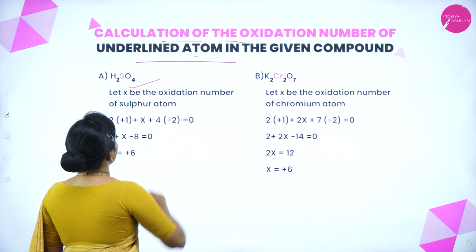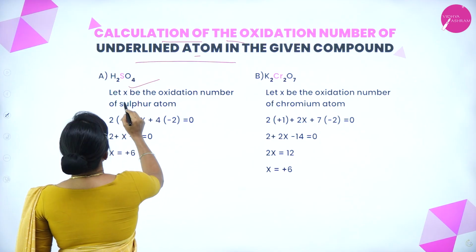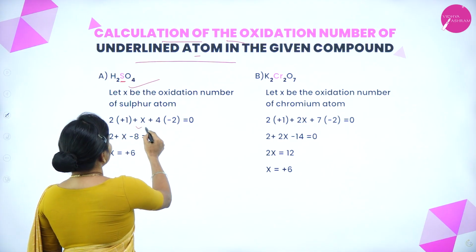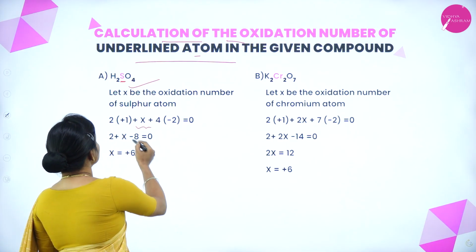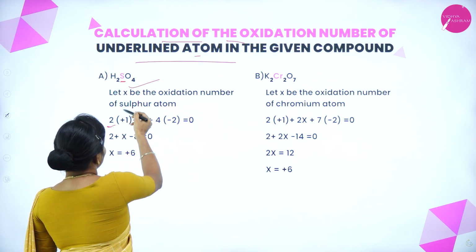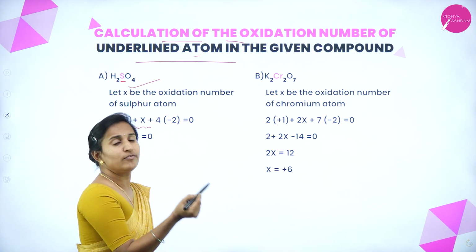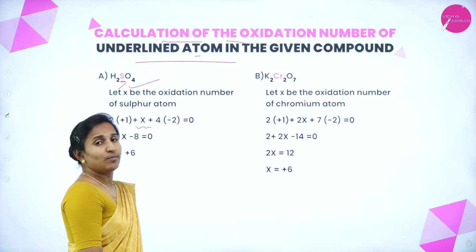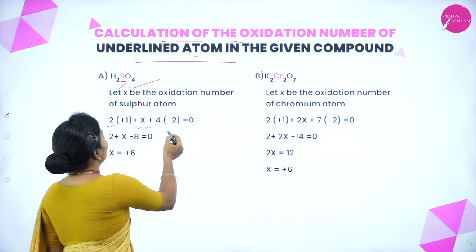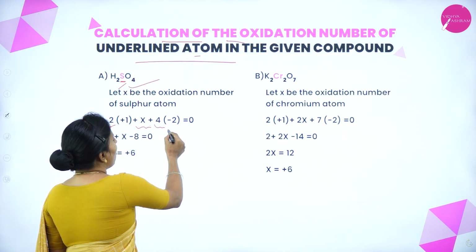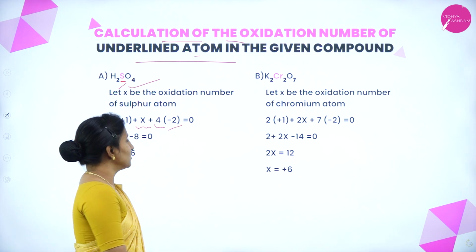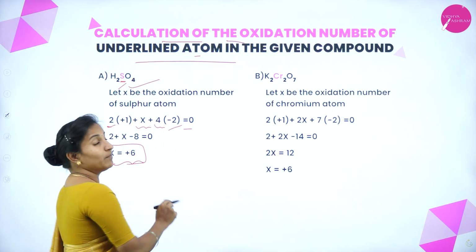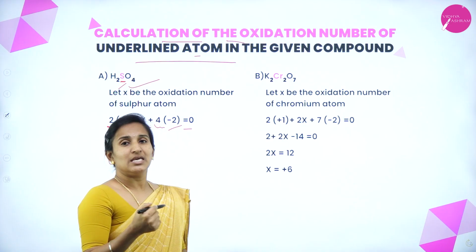For example, sulfuric acid: here we can calculate the oxidation number of sulfur by a simple mathematical equation. 2 hydrogens are present, that is 2 into plus 1, the oxidation number of hydrogen, plus X. Sulfur is considered X because it is an unknown oxidation number, plus 4 oxygens, with oxidation number -2, equals 0. We get X value plus 6. So, the oxidation number of sulfur in sulfuric acid is plus 6.